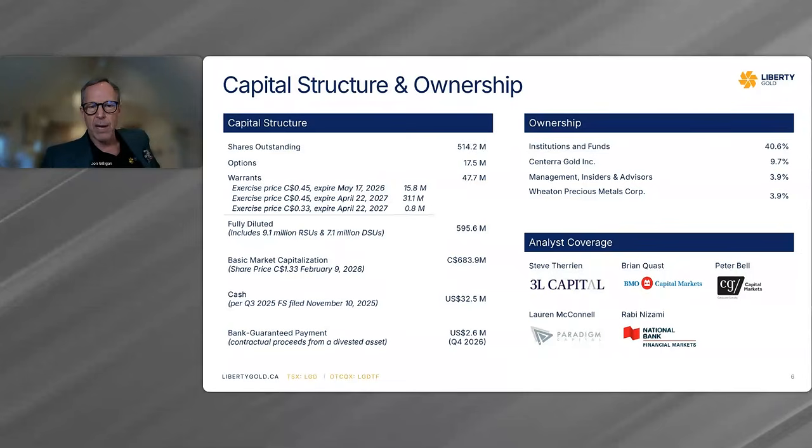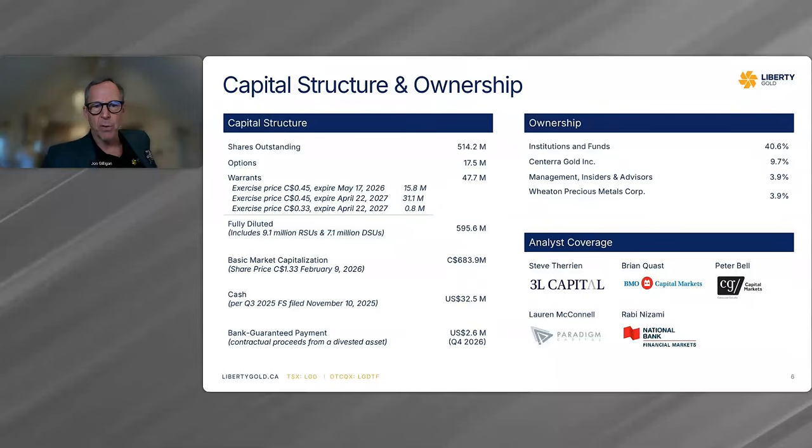With the current cash in treasury, with those warrants, and with some additional funds, a couple of million dollars coming in October this year, the final tranche of a sale of our Turkish asset, we are fully funded at a corporate level to take the Black Pine project through feasibility, through permitting, to a construction decision at the end of 2027.